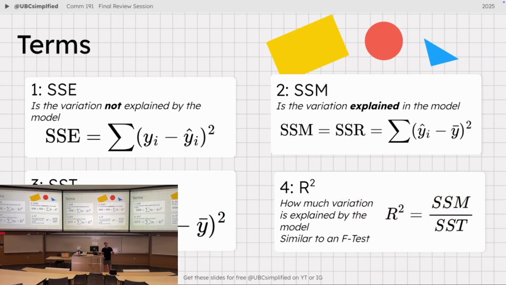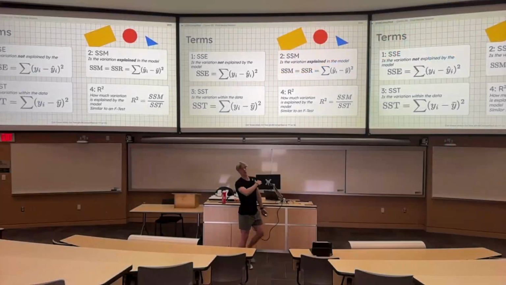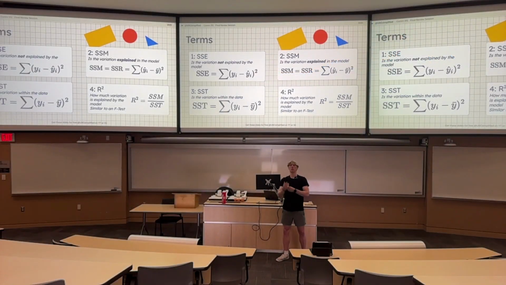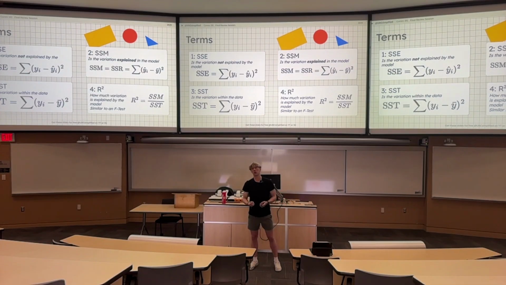And then the last thing, remember our little friend r squared? Well, now we have a new way to calculate that. We take the sum of squared model and divide that by sum of squared total. That gives us our r squared. Now, a really good r squared, for the most part, would be 1. That would mean that sum of squared model equals sum of squared total, right? That divided by that would equal 1. And if that's true, that means our sum of squared errors would be 0, which is good, unless there's overfitting.